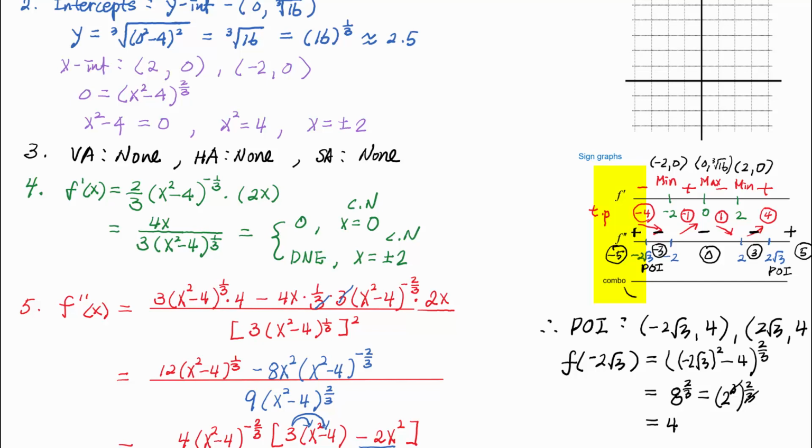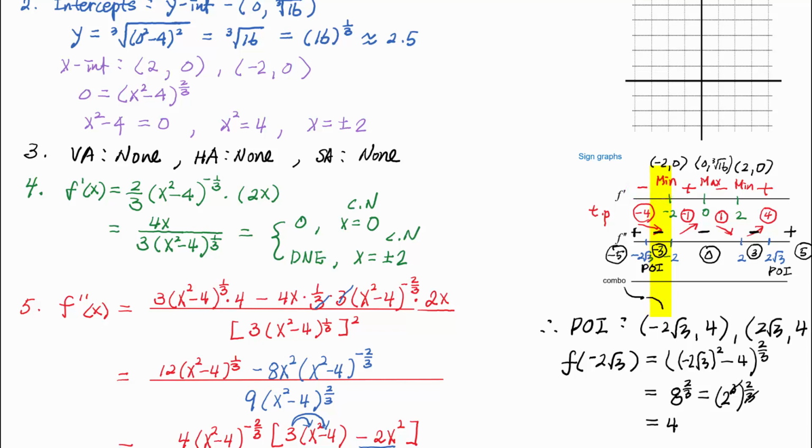So you're going to get something like that. But then negative 2 radical 3 gives you a point of inflection. So concavity changes to negative, which means concave down. Concave down is an umbrella shape. And the graph is still decreasing up to negative 2. So you're going to get a graph like that.